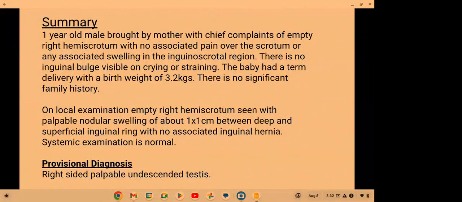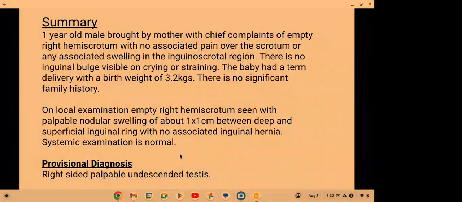Patient might have renal agenesis on the same side or any other abnormality like UG obstruction, hydronephrosis or hydroureteronephrosis. So you'll have to order an ultrasonographic examination of the genitourinary tract, that is kidney, ureter and bladder.